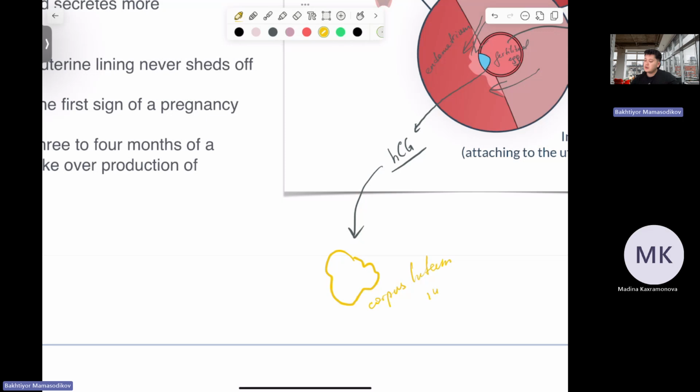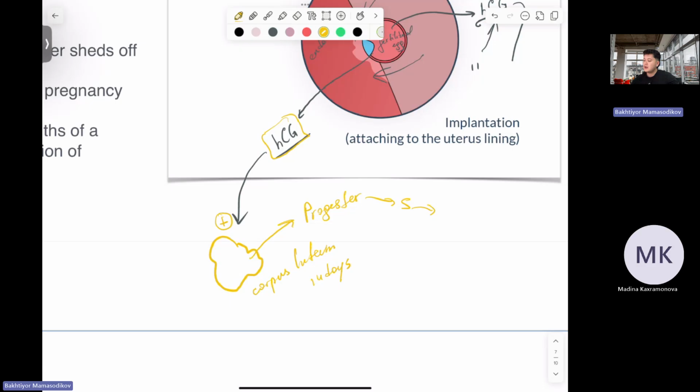It will live 14 days, which is 2 weeks, if fertilization won't happen. But after fertilization, this human chorionic gonadotropin stimulates the corpus luteum to secrete more progesterone, to support the secretory phase of the uterine cycle, to make a thick uterine lining to prevent miscarriage, abortion.